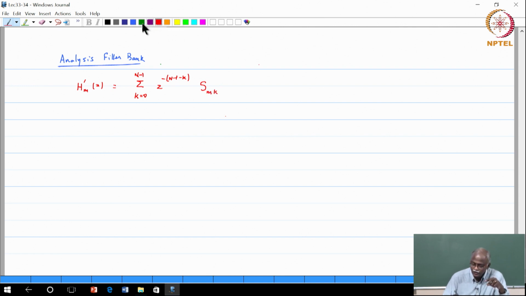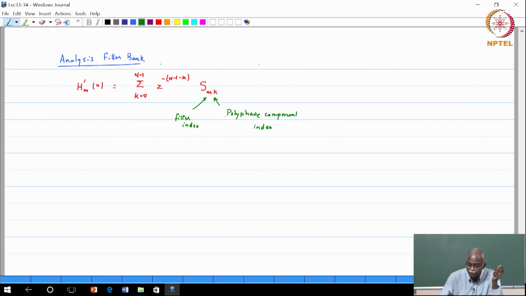Okay. Notice that there is a swapping of the index notation. The first index represents the filter index, the second one denotes the polyphase component index, because this matrix is going to appear in a transposed form with respect to the other one. So, polyphase component index. Okay.